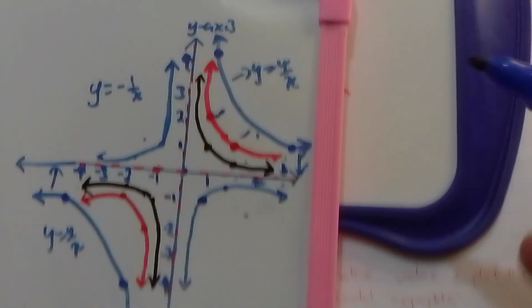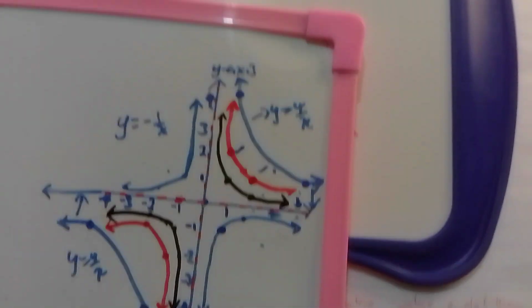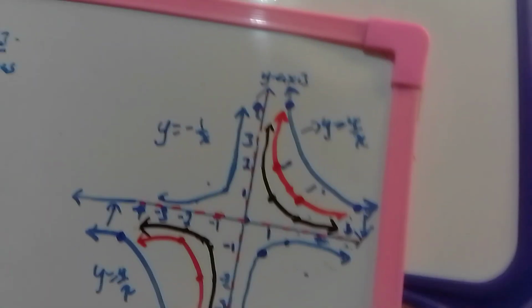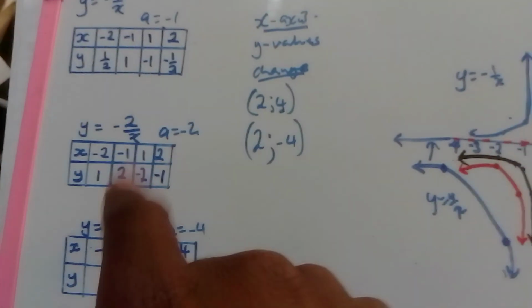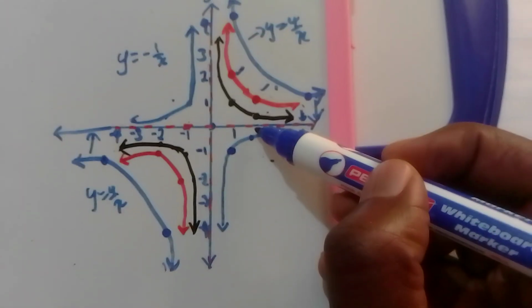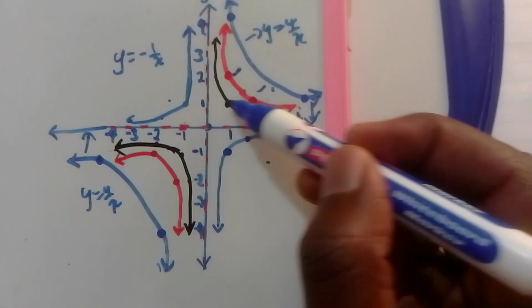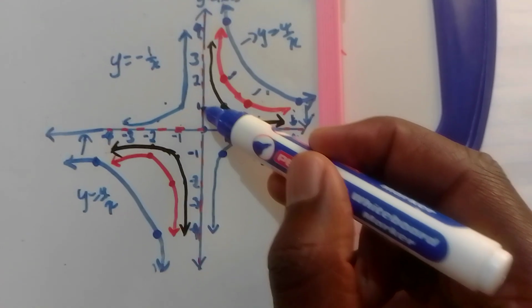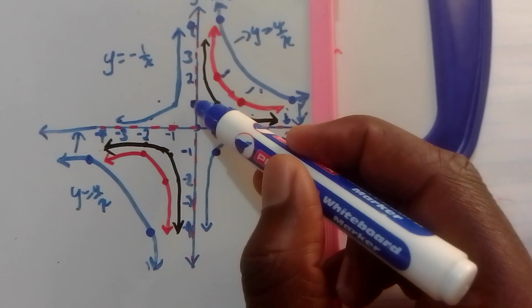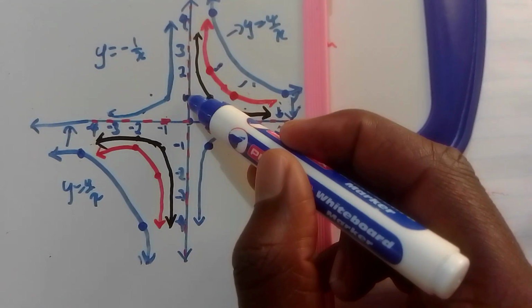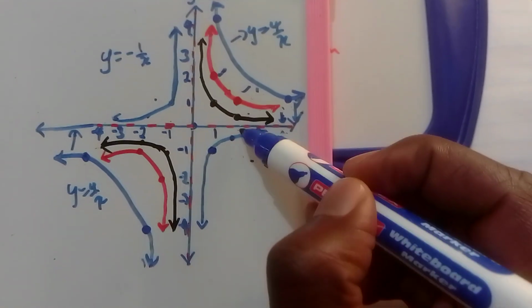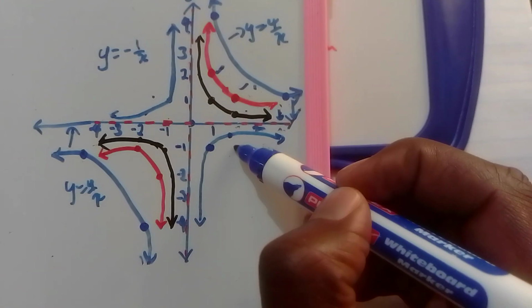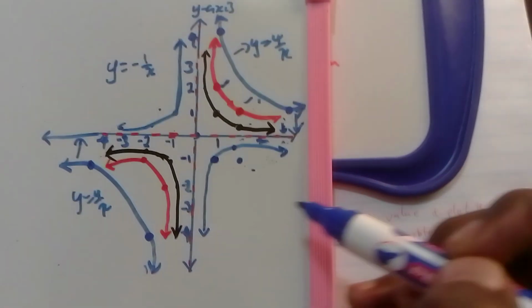So let me show you something about this red graph without having to constantly go to the table method. When my x here was positive 2, my y was 1. Now remember I said that the y changes. So the opposite of 1 is what? Negative 1. So now I'm saying that here where there is 2, then my y is here.